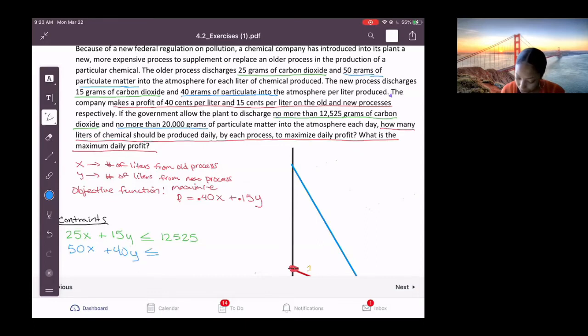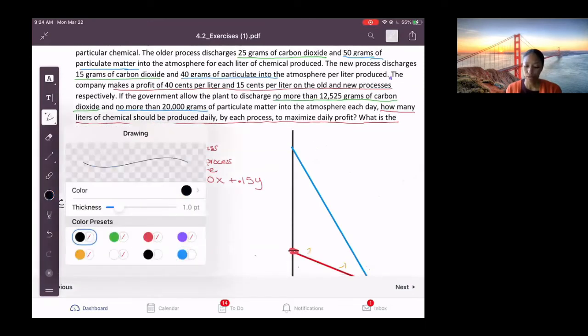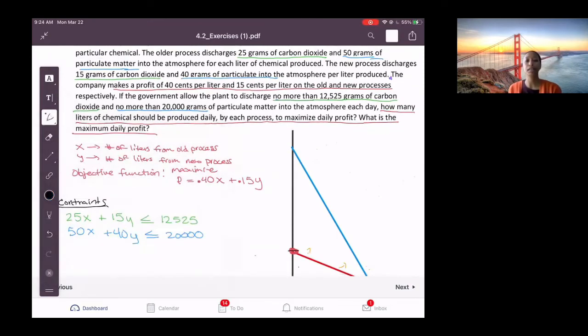That should be less than or equal to 20,000. And then, of course, it's not explicitly stated here, but since X and Y represent the number of liters that we're producing of this chemical, X and Y both have to be greater than or equal to 0. They can be equal to 0.